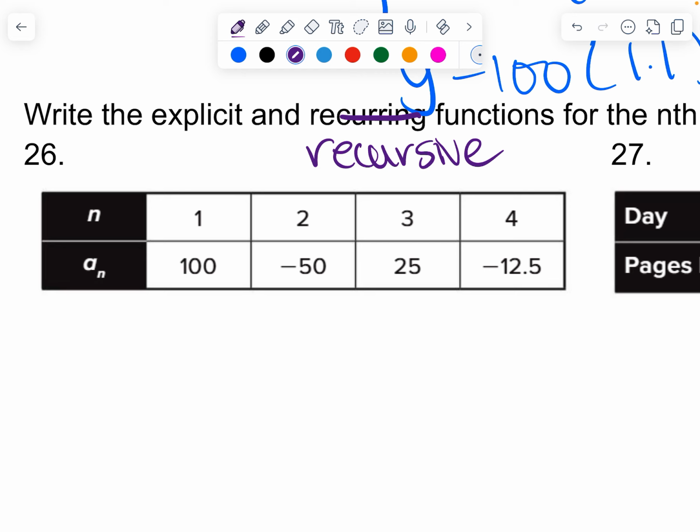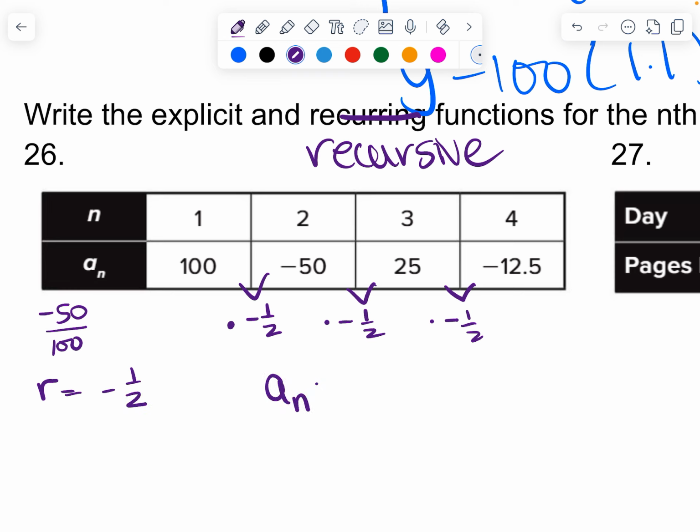So let's see. Negative 50 divided by 100. That's going to give us times by negative 1/2. These two times by negative 1/2. Yes. This times by negative 1/2. Oh, yes. So that works for all of these. So that means my ratio is negative 1/2.